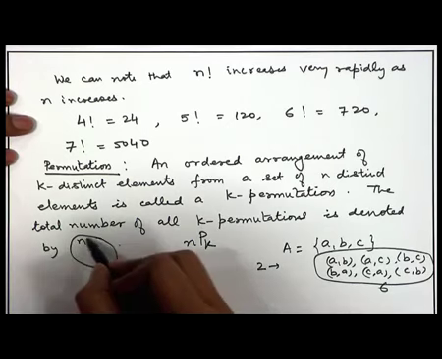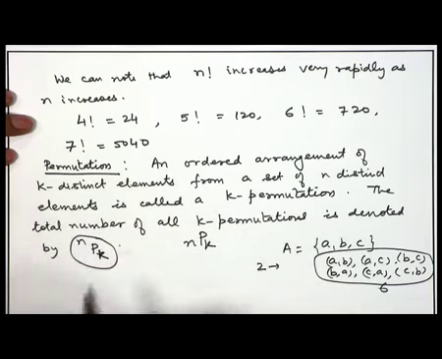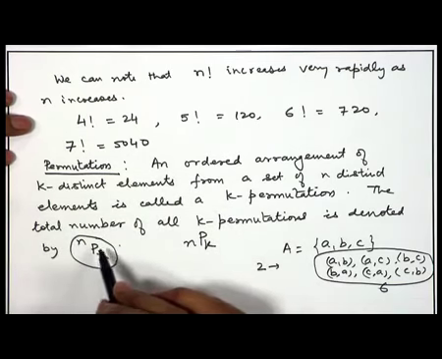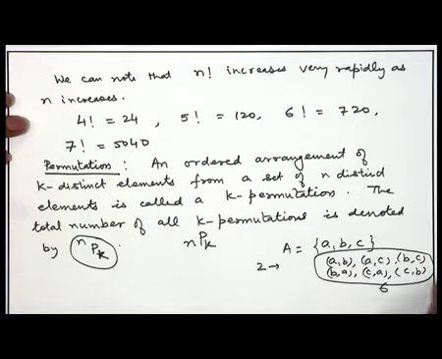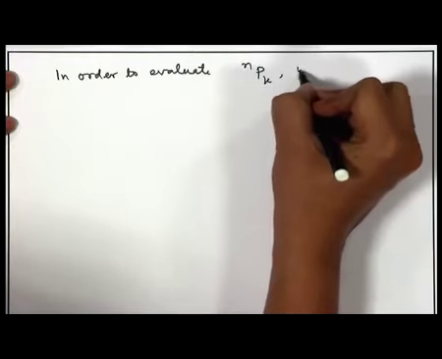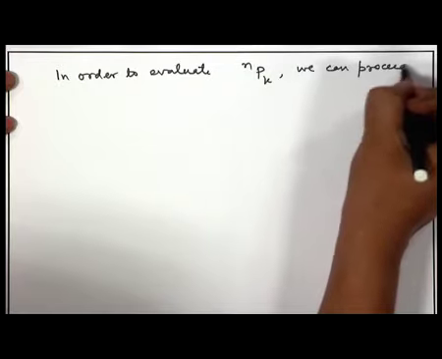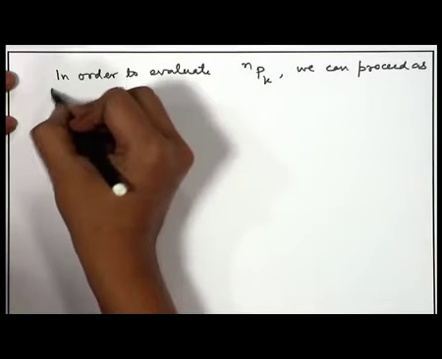So, in general, if I am choosing k ordered things from n, then how many? I have given the notation nPk. Let us calculate this. In order to evaluate nPk, we can proceed as follows.